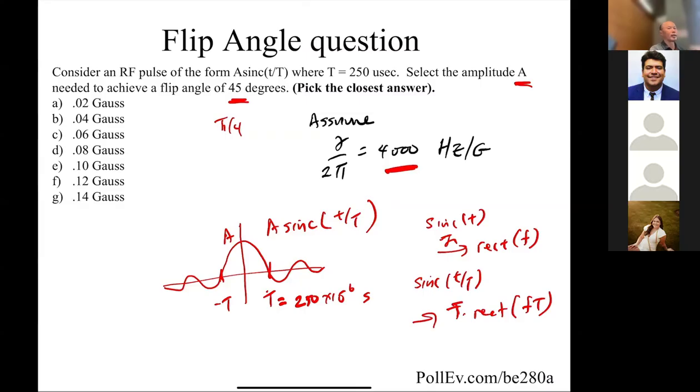Now, the area of a function is just equal to its Fourier transform at 0. So the area is when f equals 0. Then the area is just going to be A times T. So I know that A times T times gamma, I want that to equal pi over 4.